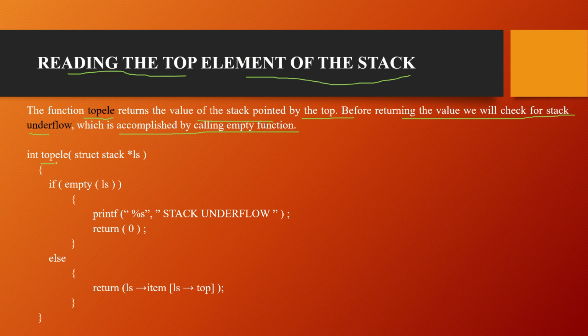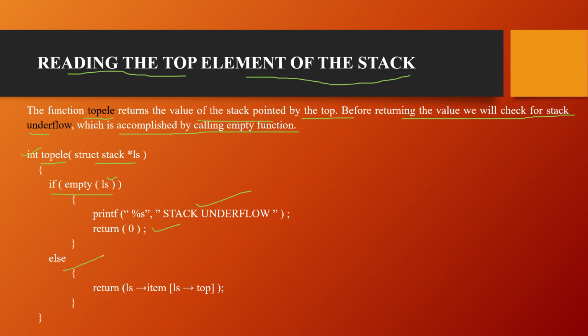So we have a function named top ele, which is returning integer value. We are passing the address of stack to this top ele function. So first of all, we are calling empty function and passing it the address of ls. If empty ls returns true, then we print stack underflow and return 0. It means the function top ele is unsuccessful.